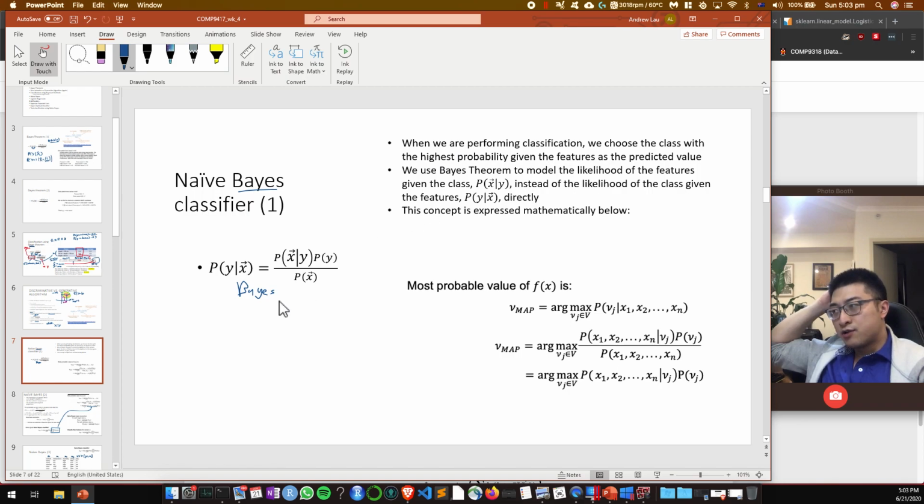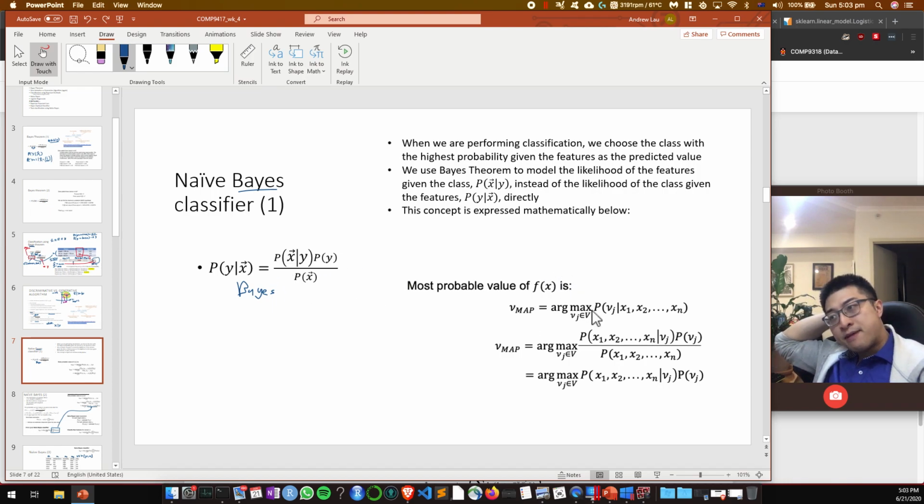Generally with your Bayes classifier, it looks like this, and then we use Bayes' theorem to flip it around, and then basically we try to maximize the probability. You can create this expression for multiple targets, say y is equal to sea bass, y is equal to salmon, and you want to find out which is the most probable.